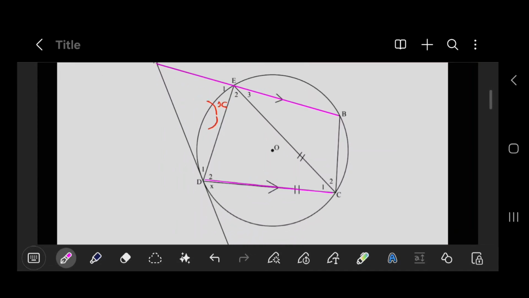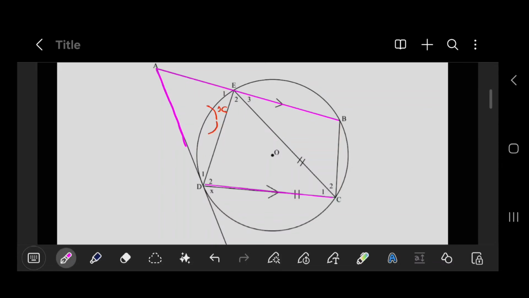Then we've got this line A through D to F. And you're going to notice that what you have here is the F shape, which is corresponding angles. So angle D and angle A are both equal to X because of corresponding angles.